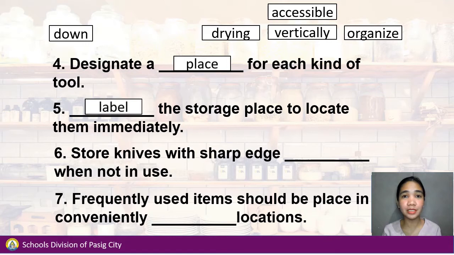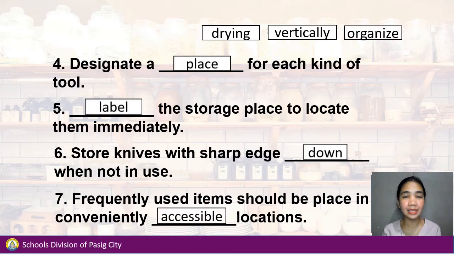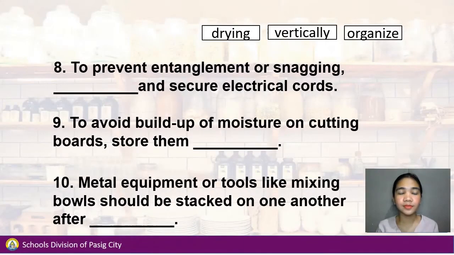Label. Number 6. Store knives with sharp-edged blank when not in use. Down. Number 7. Frequently used items should be placed in conveniently blank location. Accessible. Number 8.